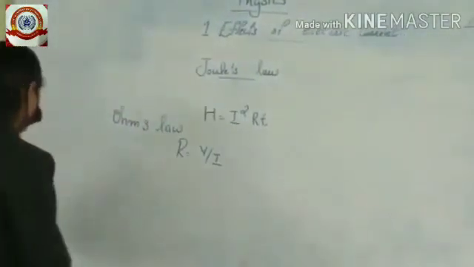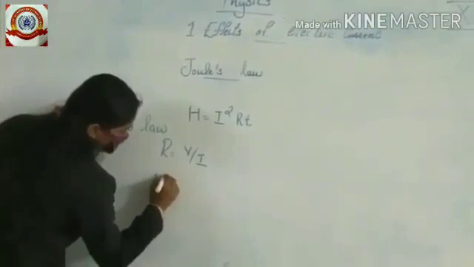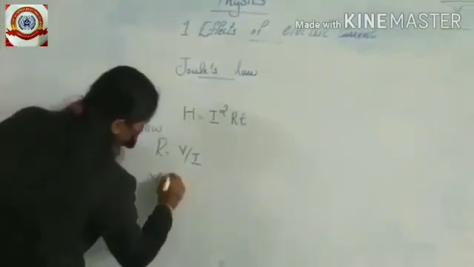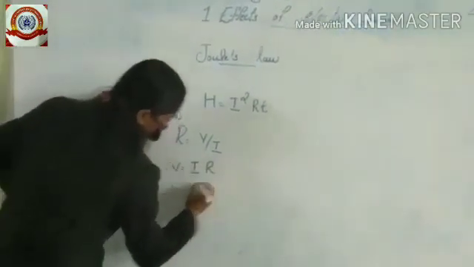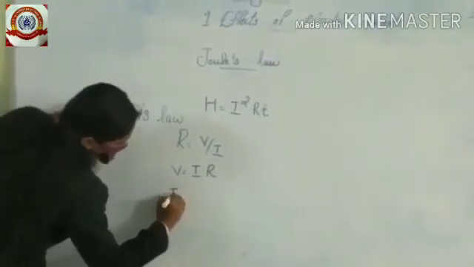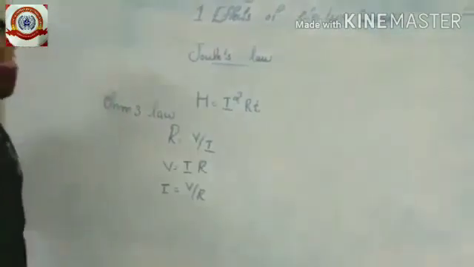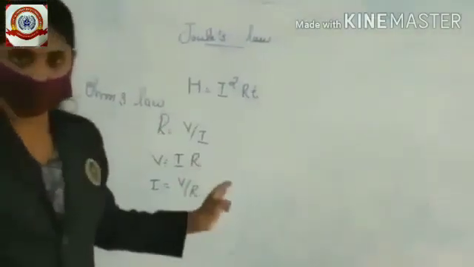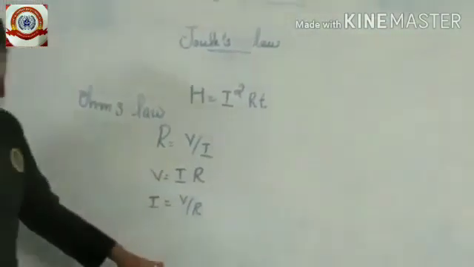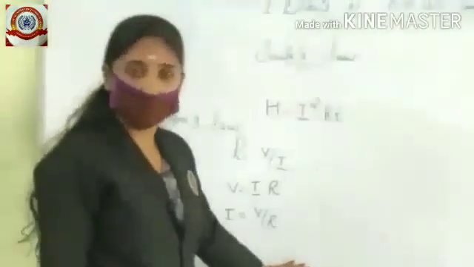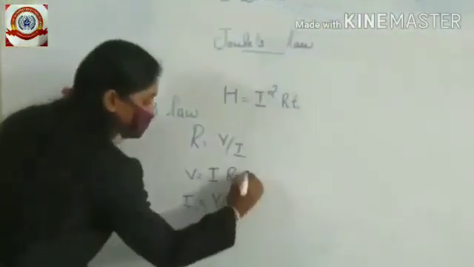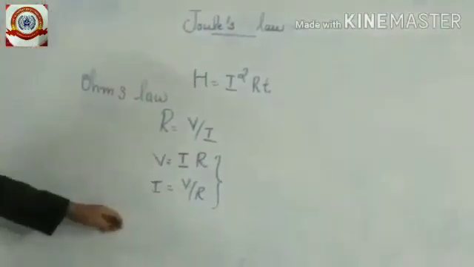From this equation, we already derived another two equations. Which are they? V equals I into R. I equals V by R. Do you remember this?